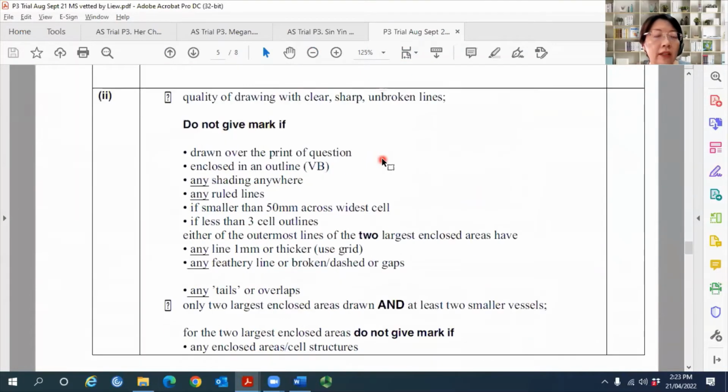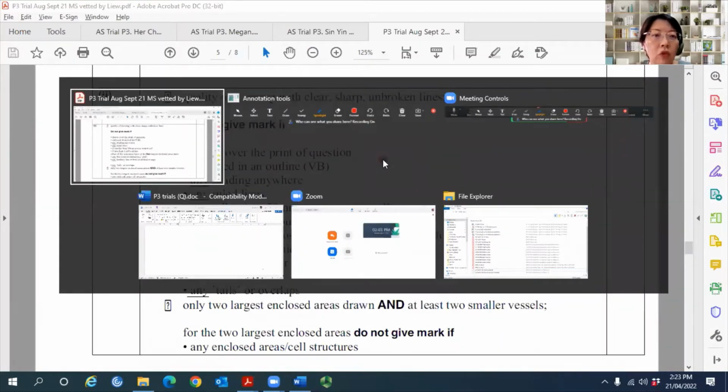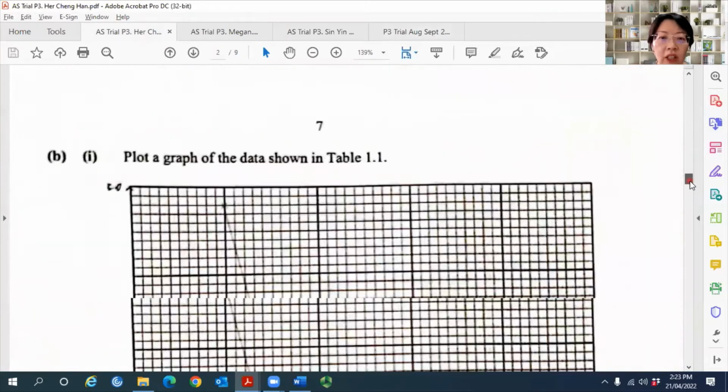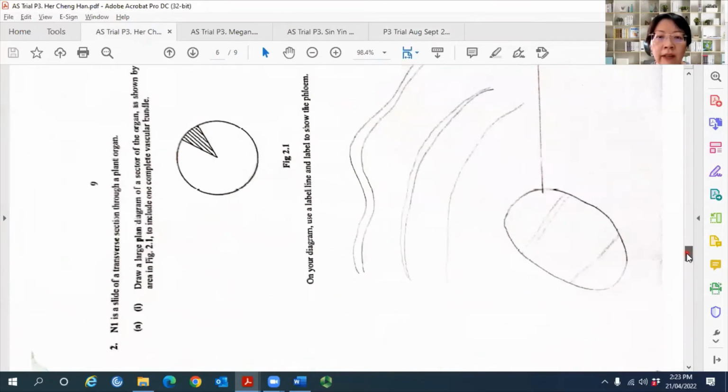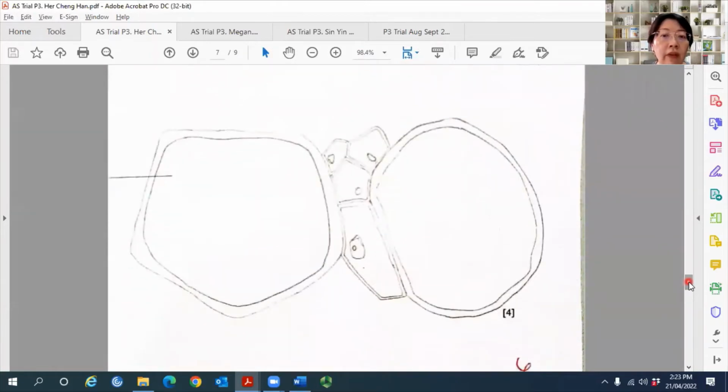Okay, let's see students drawing first. Let's see 3 samples of students drawing. This one is our Chen Han, okay. Very good drawing. You can see or not? Okay, very good drawing.